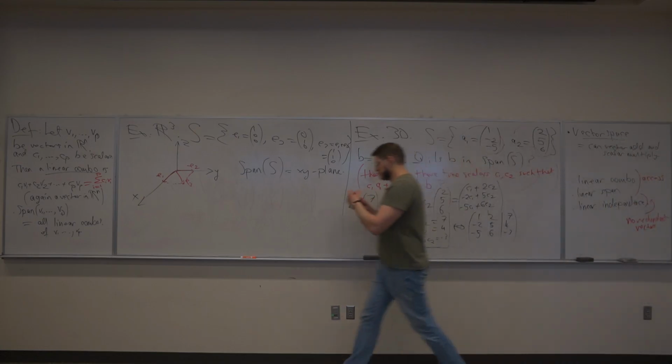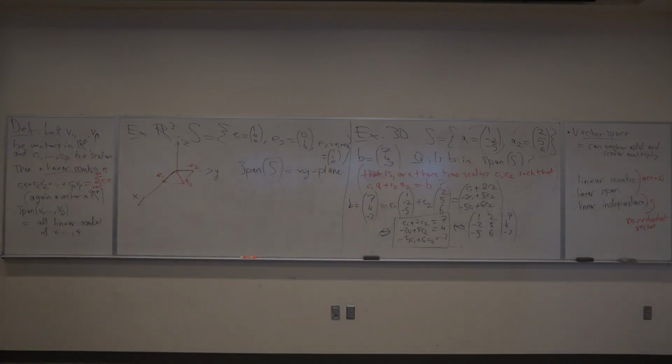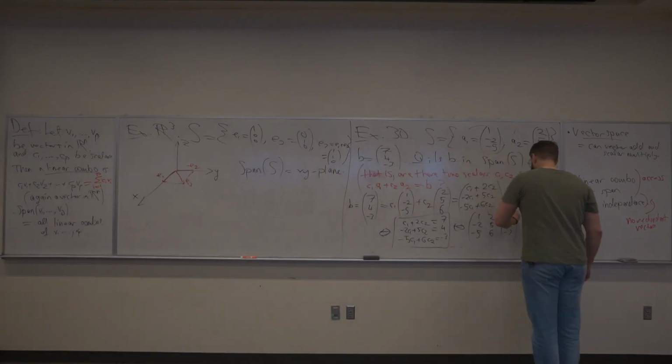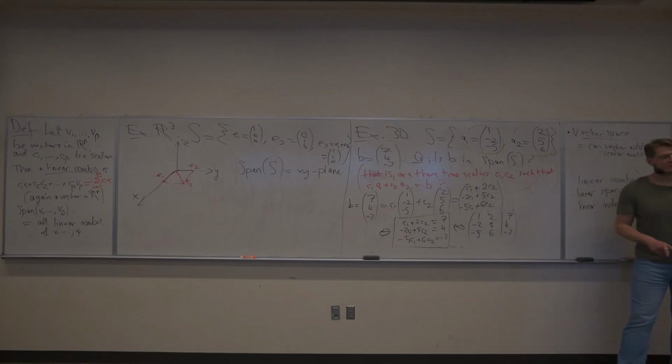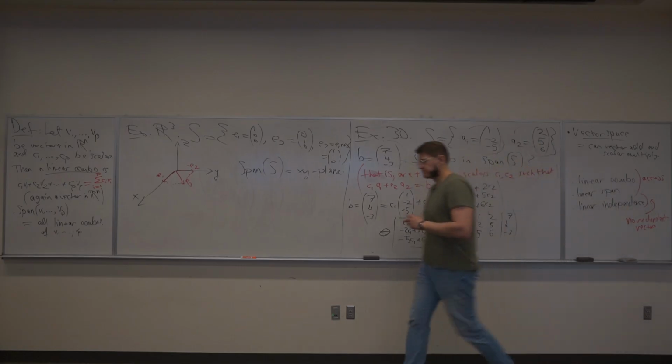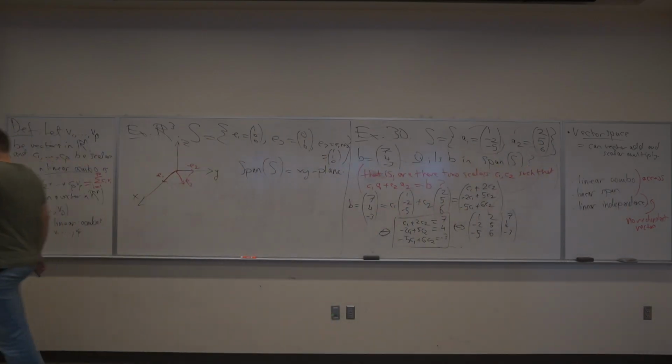Take your other vector, the target where you're trying to reach, and put it on the right-hand side. Reduce this. The solutions are going to give you the answer. Any comments about this so far?